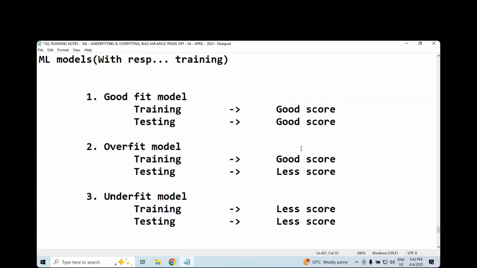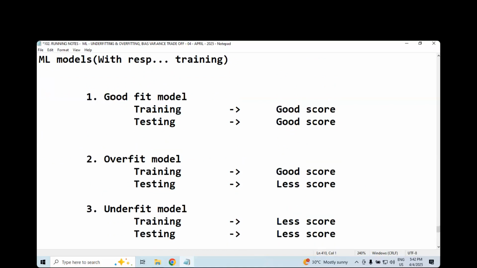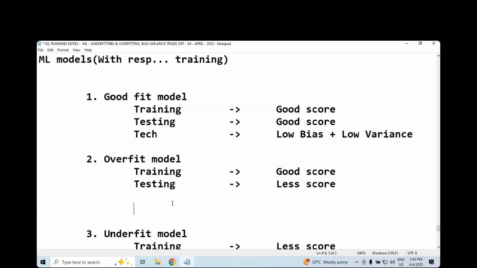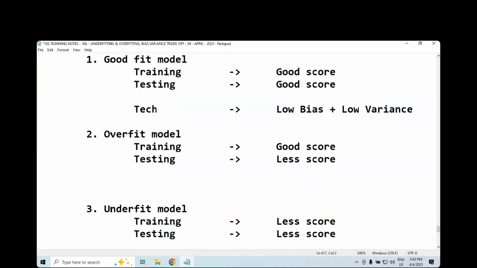But when you're talking about the good fit model, I'm talking more technically: low bias plus low variance. What do you mean by overfitting? Low bias plus high variance.